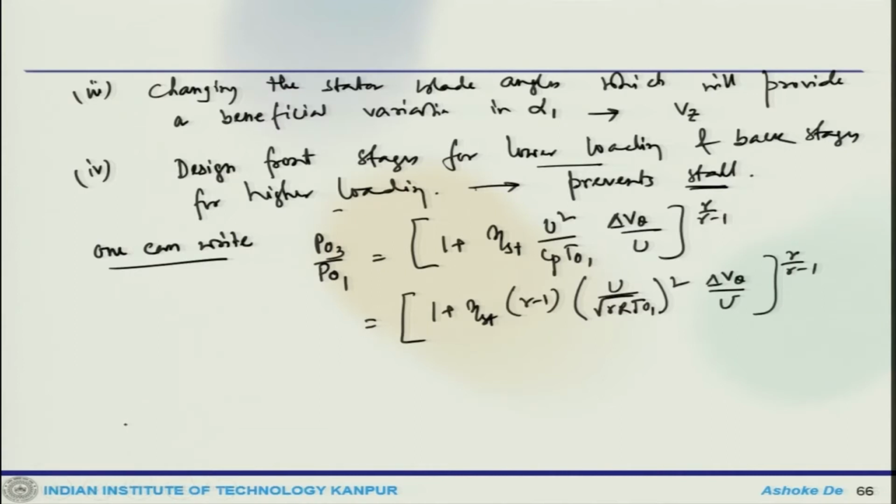Here, this quantity u by root of gamma R T naught 1 is the blade speed Mach number. This is another important parameter while looking at the design. Now, when you talk about that, what are the basic design parameters?